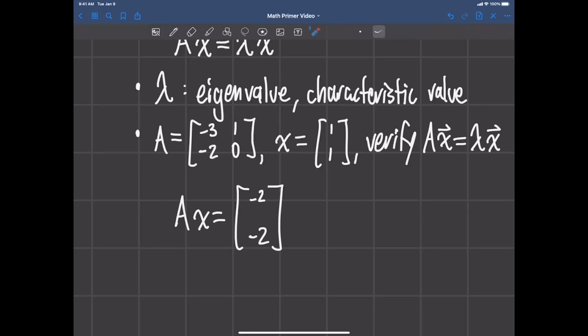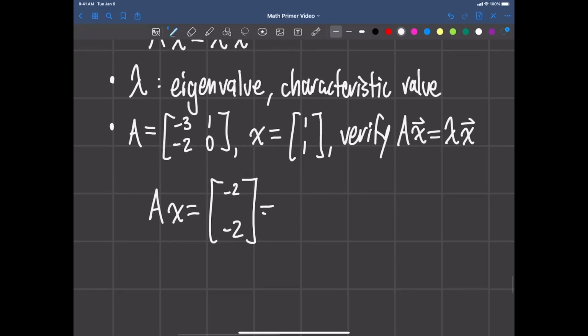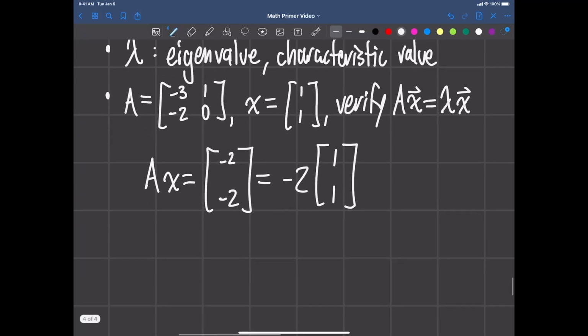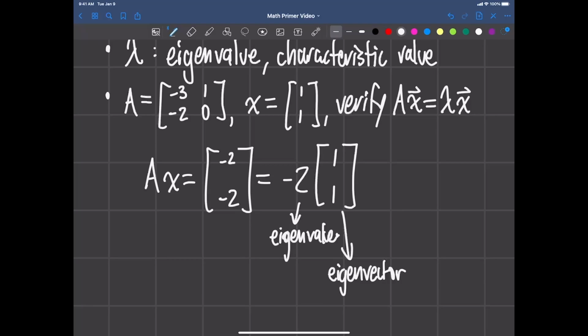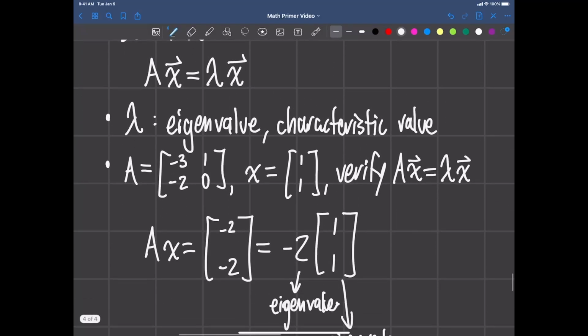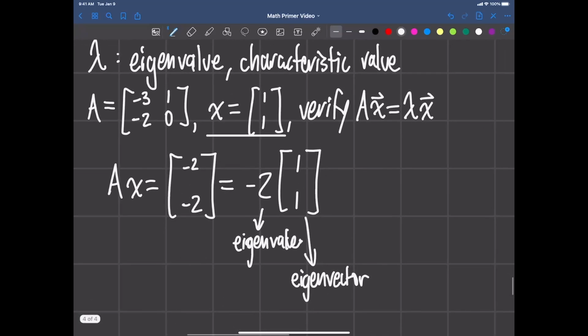Again, we take the first row and this column, and the second row and this column, and we get -2, -2, which is equal to -2 times the vector 1, 1. Here is the eigenvalue, and this is the eigenvector x that we have specified above.